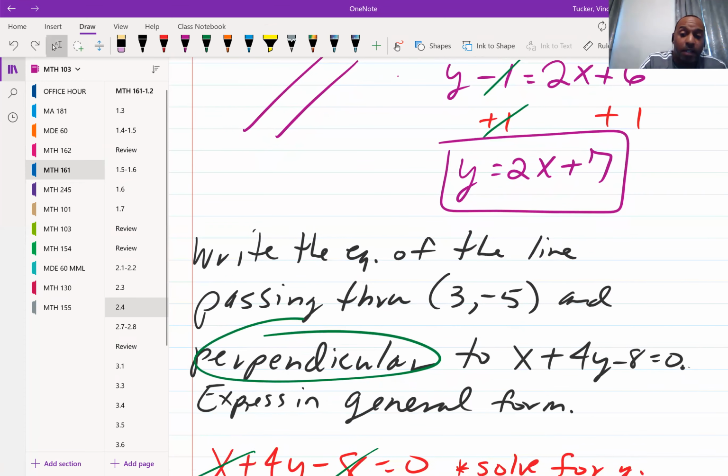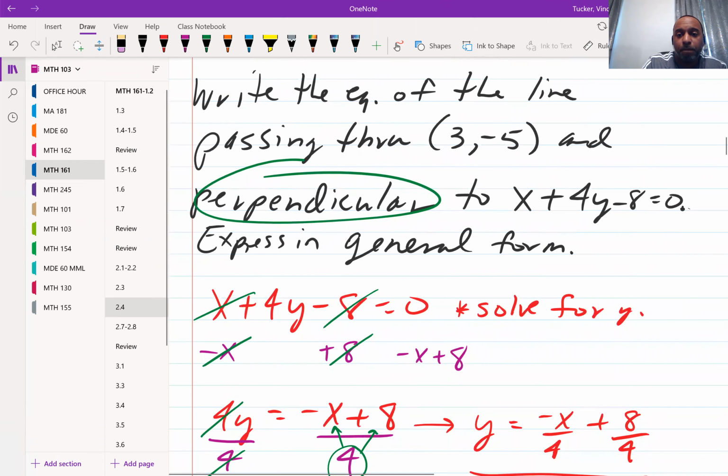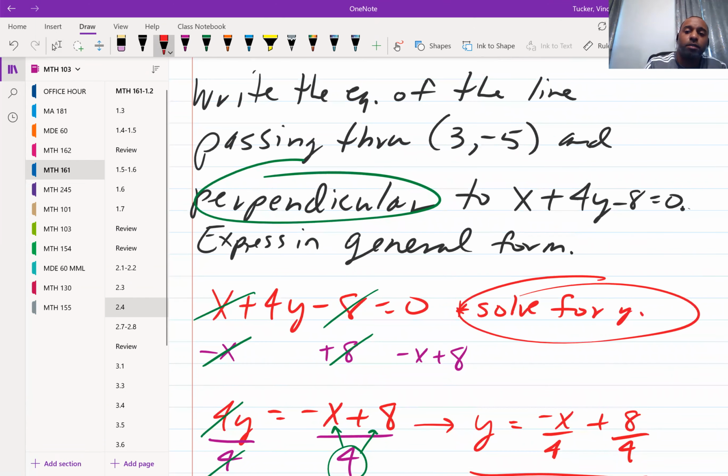But we need to first find the slope of this line. Notice it's not written in y equal to mx plus b. So we need to solve our equation for y. So that's what I did here. Subtract x from both sides, and then add 8.